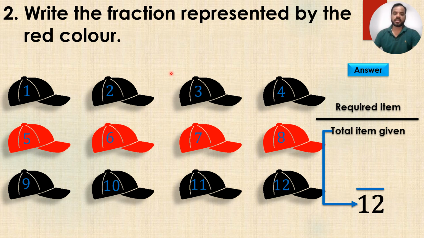In the question it is asked to write the fraction represented by the red color, so red color is the required item. The required red colored caps are 4. So the fraction is 4 by 12, means out of the 12 total caps, 4 caps are of red color.